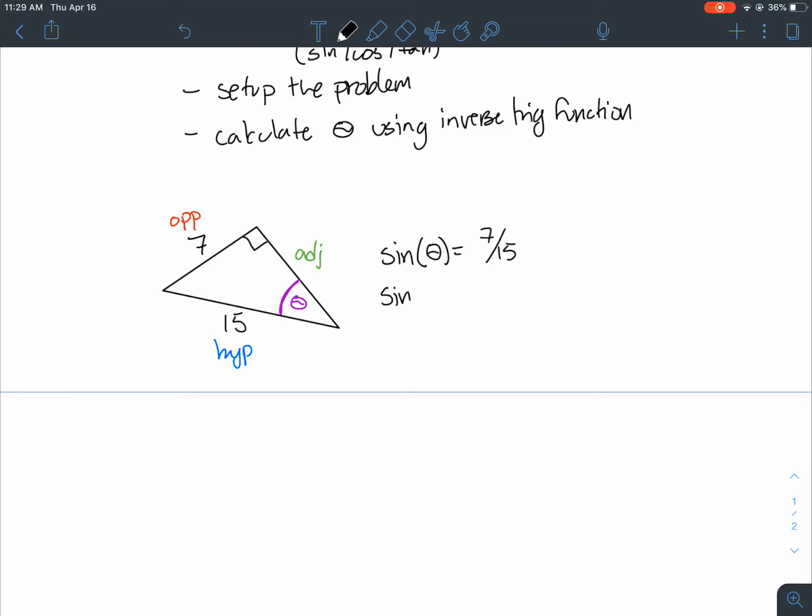So I do the inverse of sine of 7 over 15 in the calculator, and that's going to solve for my missing angle of theta. And inverse sine of 7 over 15 is going to be 27.818. So I get 27.818 equals theta, so the answer is 27.818 degrees.